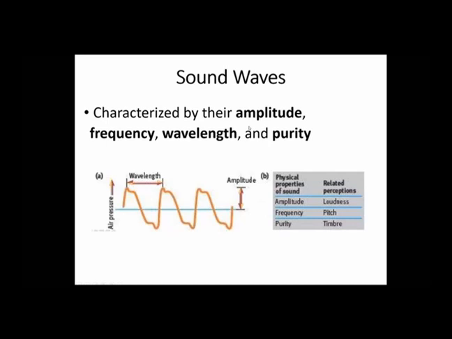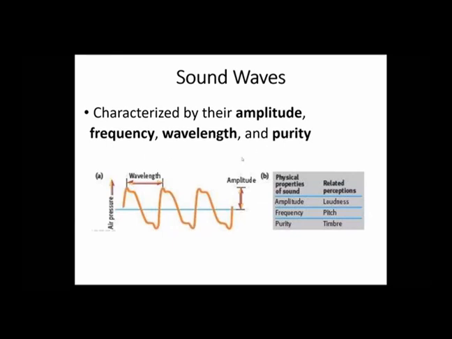Now, for our sound waves, we can describe a couple of different characteristics of these waves. And these characteristics are amplitude, frequency, wavelength, and purity. And a lot of these concepts are going to also apply when we start talking about light and our visual sensations.